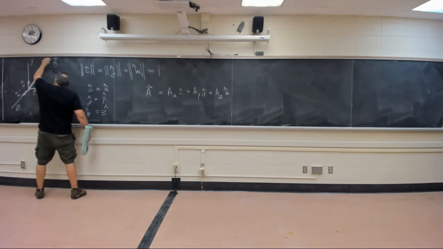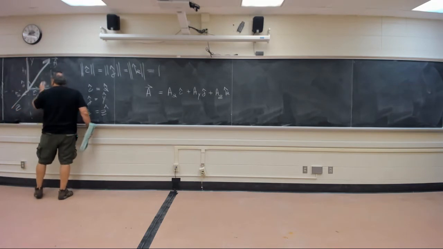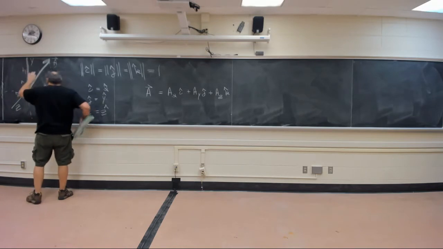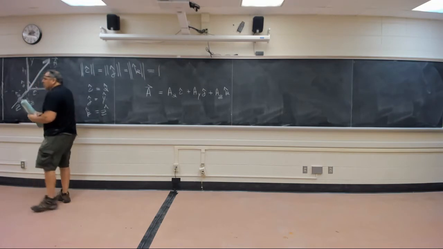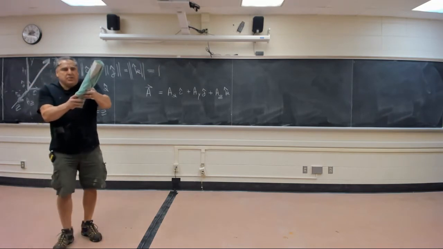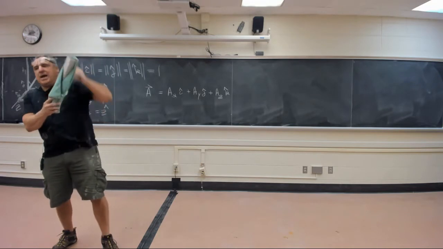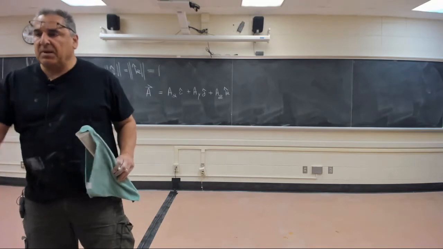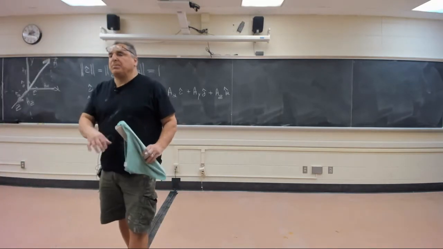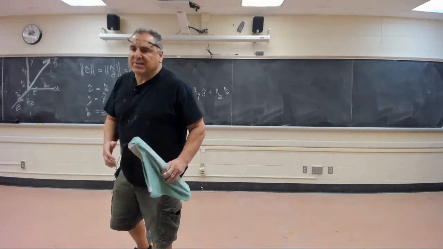If you go over here, there's an a sub y in length this way. And then somehow projected, if it was coming out, there's an a sub z in length. So you could project this way, that way, this way. How does it project onto the x-axis? Well, that's a sub x. How does it project on the y-axis? That's a sub y. How does it project on the z-axis? That's a sub z.